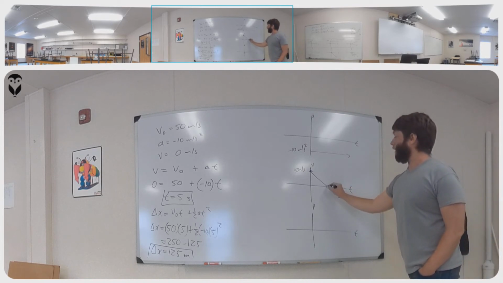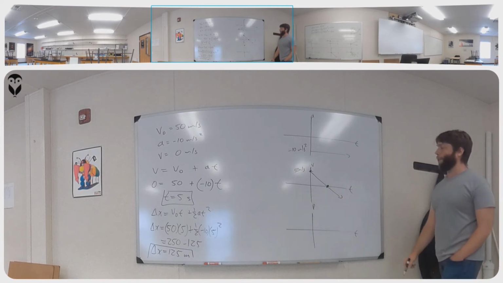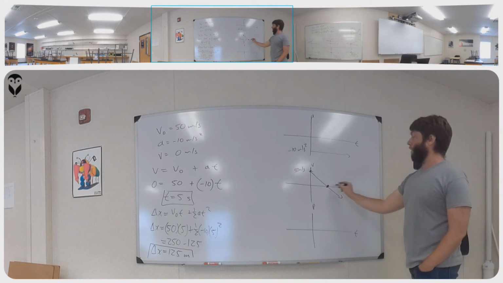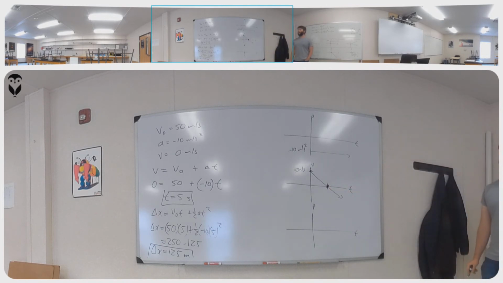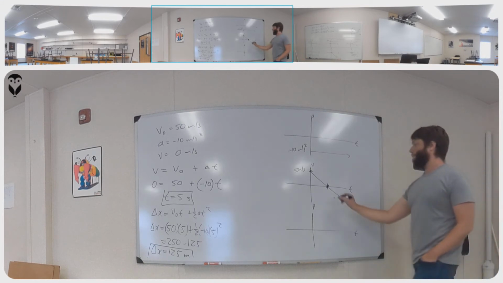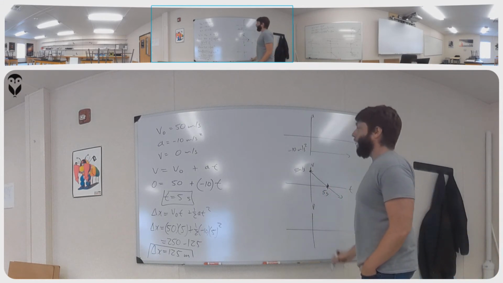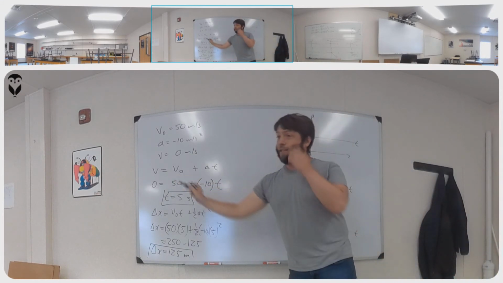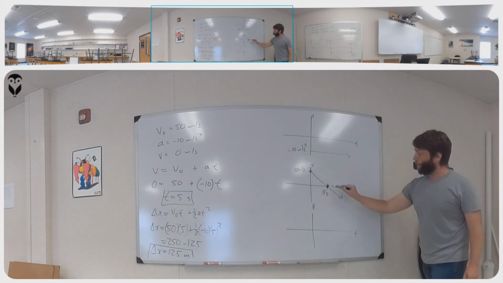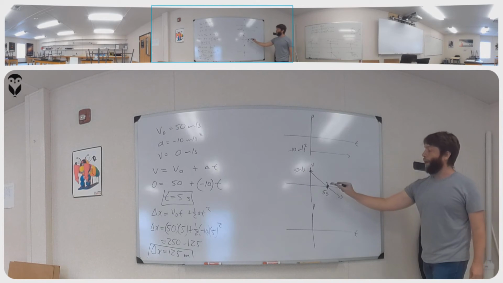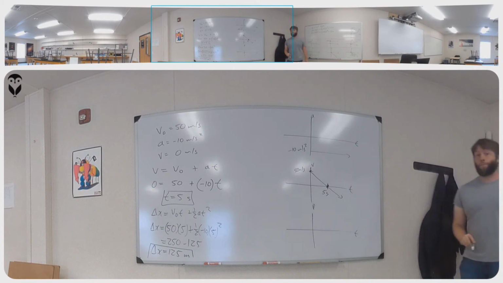Notice that we're crossing the axis right here. This is going to be 0 velocity. Everybody should know what that time is. That time is 5 seconds. It took 5 seconds to get to 0 velocity. So on my graph, we should cross the x-axis at 5 seconds.